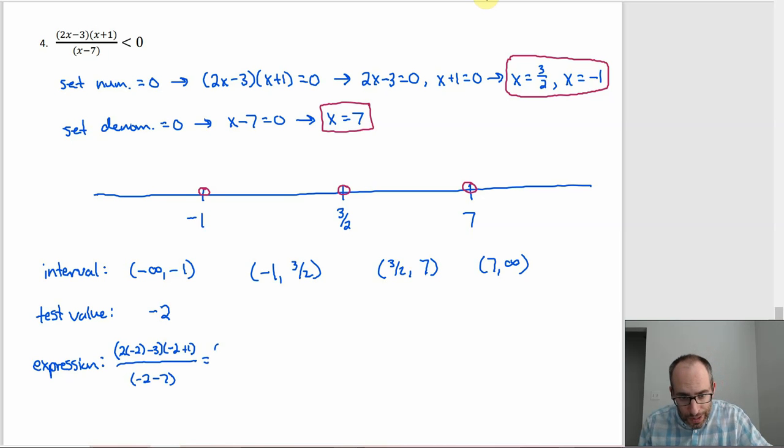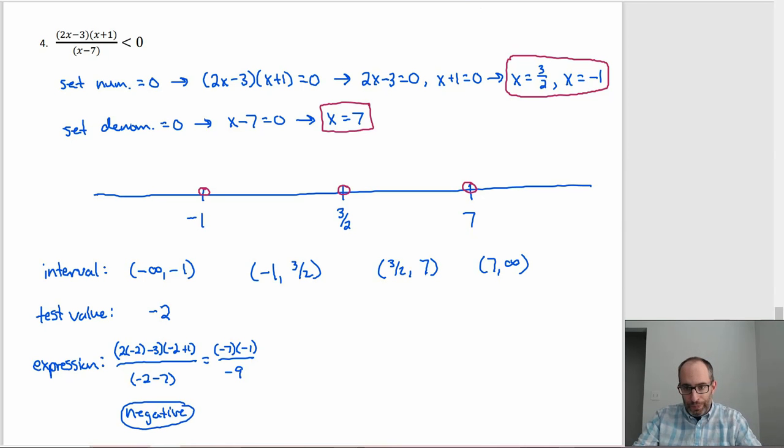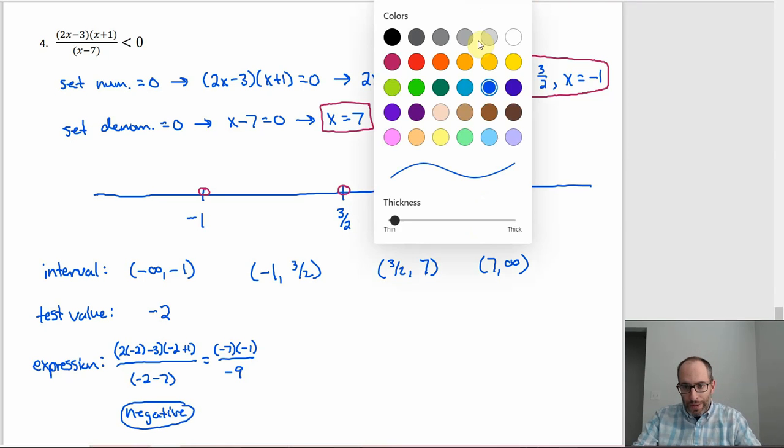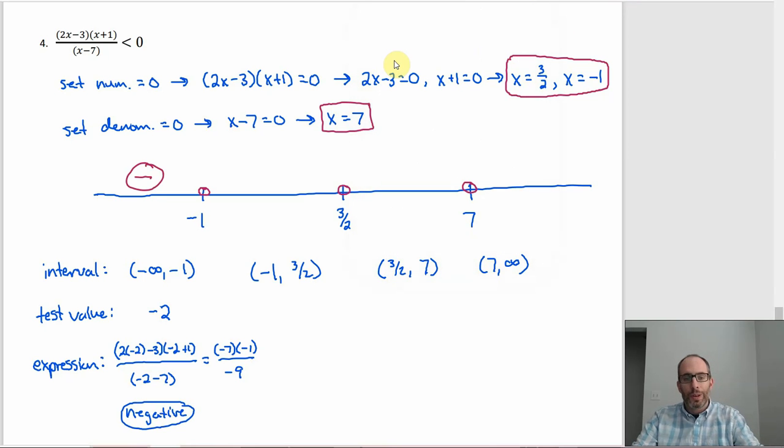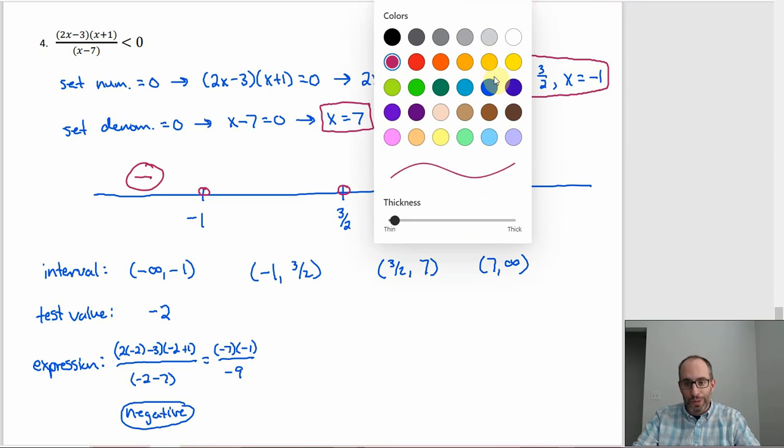So this will be negative 7 times negative 1 over negative 9. So ultimately that's going to be a positive divided by a negative. So this is negative. And so that means that I need a negative up there. And so I guess that's part of our solution.